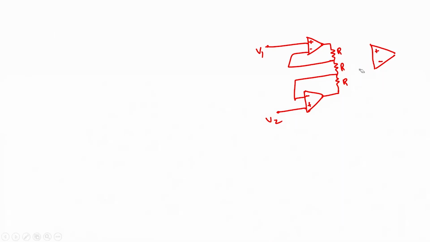oh sorry, this is Rg, the output should be connected one here, one more here, and one more here, one more here. So, 100K, 100K, 100K, 4 resistances here, 1K, 1K.